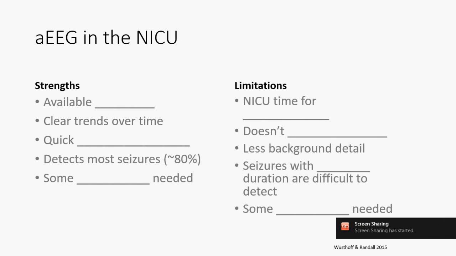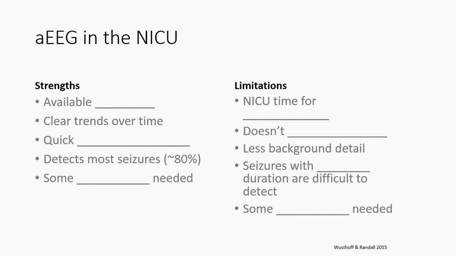So aEEG, one of the limitations and some of the strengths, I just wanted to review these really quickly. So if we have all of these babies that we want to use it on, what are the strengths? Number one, it's available to the unit all the time, 24/7. The trends are really easy to read over time.